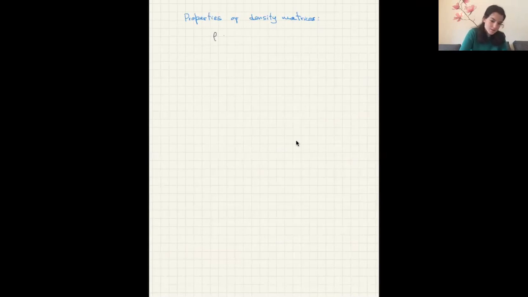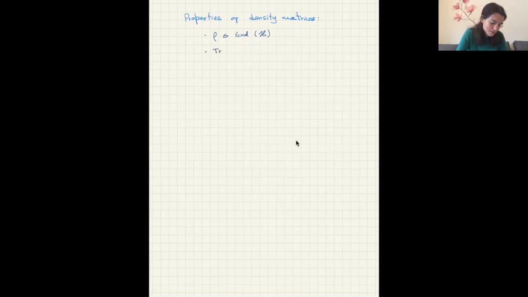So the first one is that it's an endomorphism on H, which really means a matrix acting on H. So it's a map within the same Hilbert space, but they're a matrix, okay? That's essentially what you need to know.